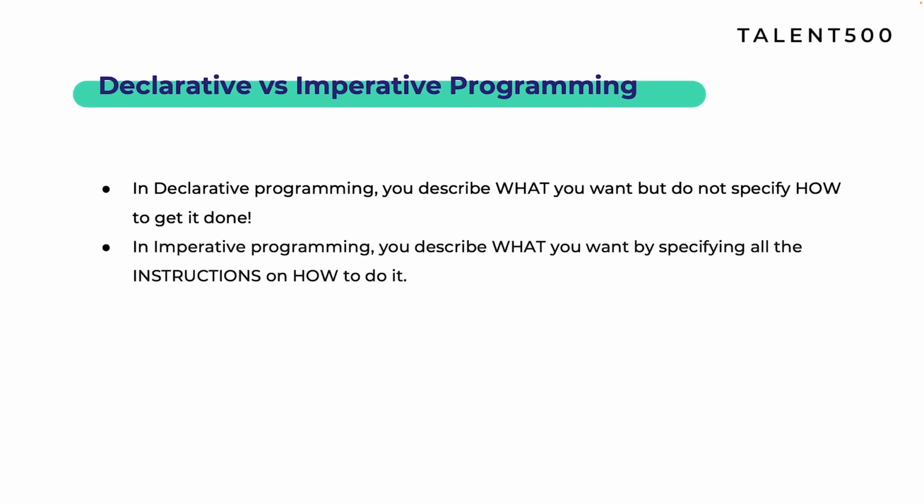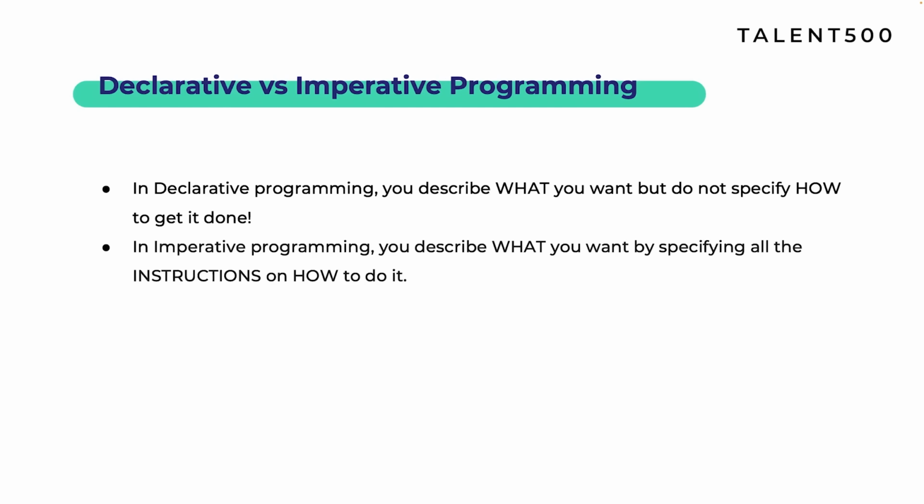In declarative programming, you describe to the programming language, hey, this is what I want you to do, but you don't necessarily specify how it should be done. That is declarative. In imperative programming, you describe, hey programming language, this is what I want, but along with that you also tell the programming language how you want it to be done.